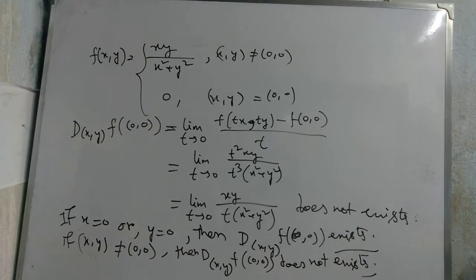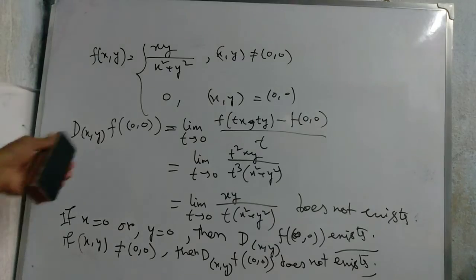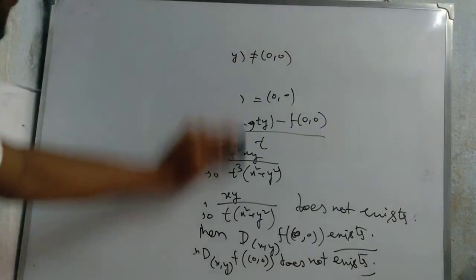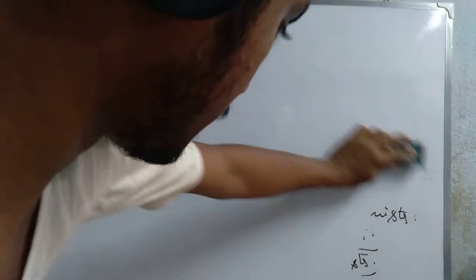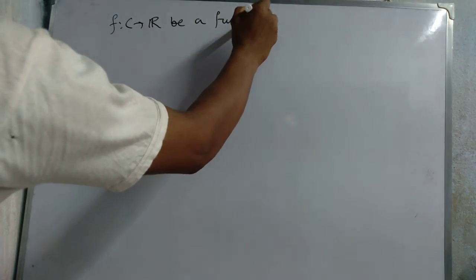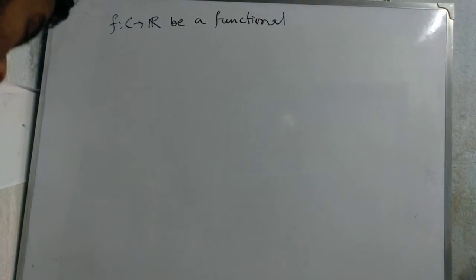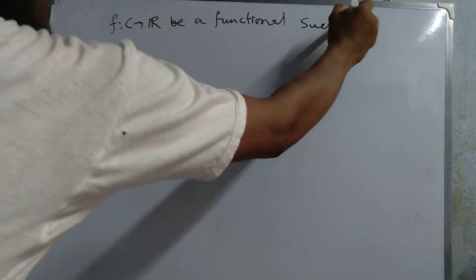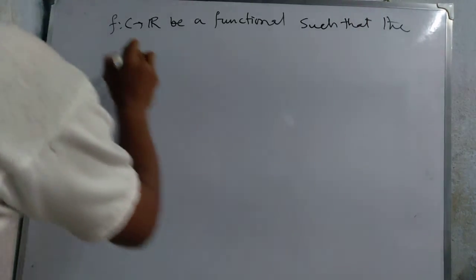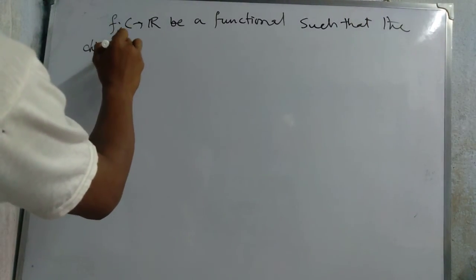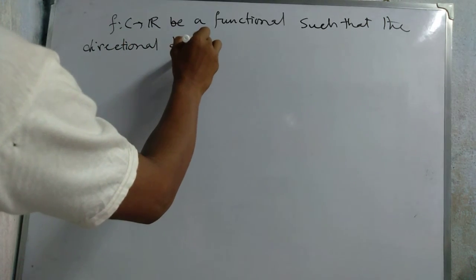Then we go to another portion. We erase that portion and go to another discussion. We write here: suppose f from C to R is a function or functional, such that the directional derivative exists.